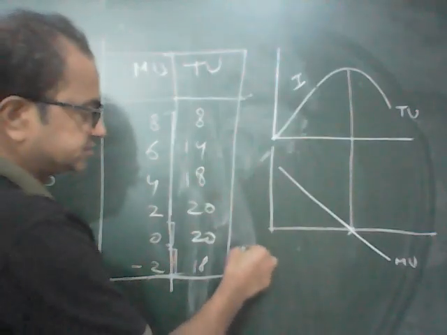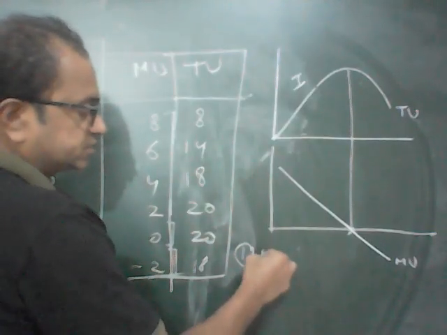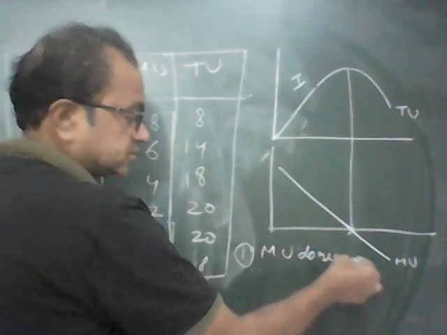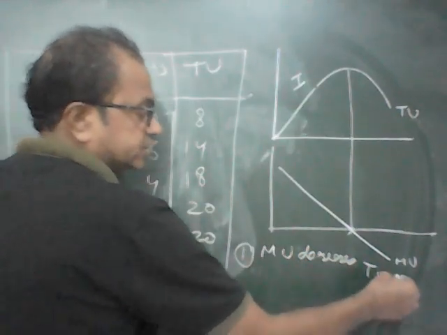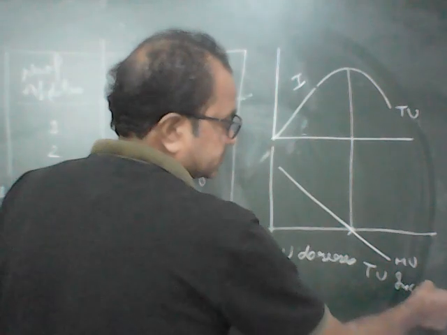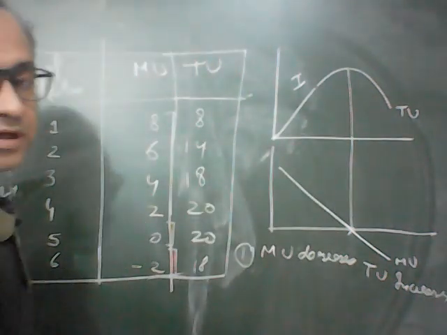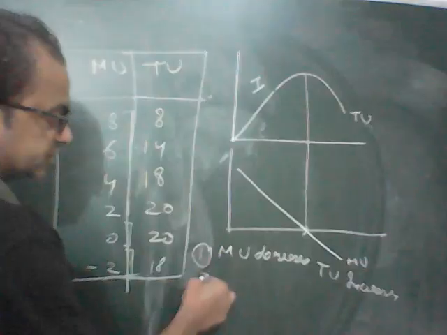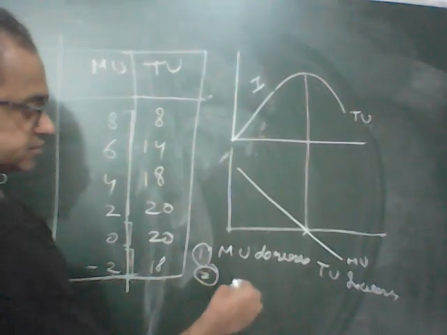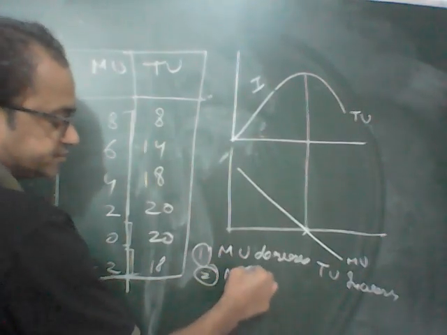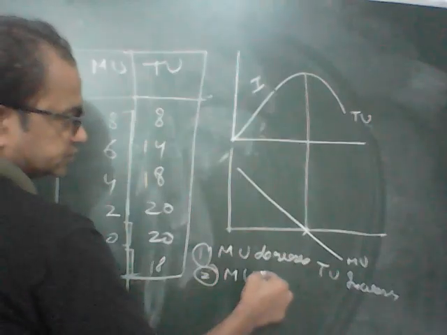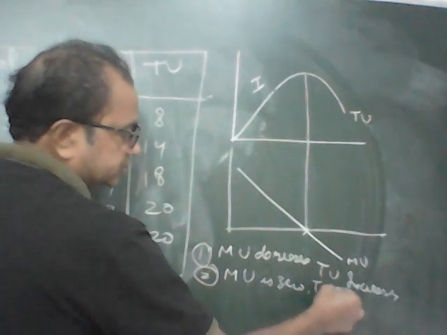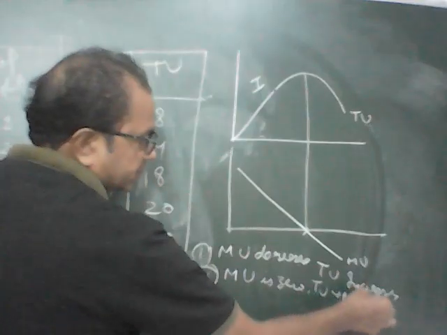First case is when marginal utility decreases, total utility increases. And the second one is when marginal utility is 0, total utility is maximum.